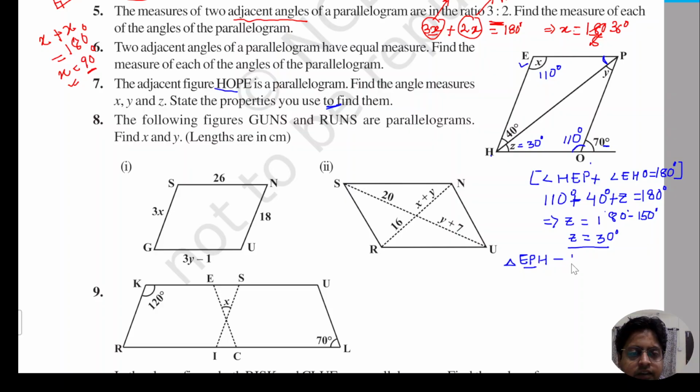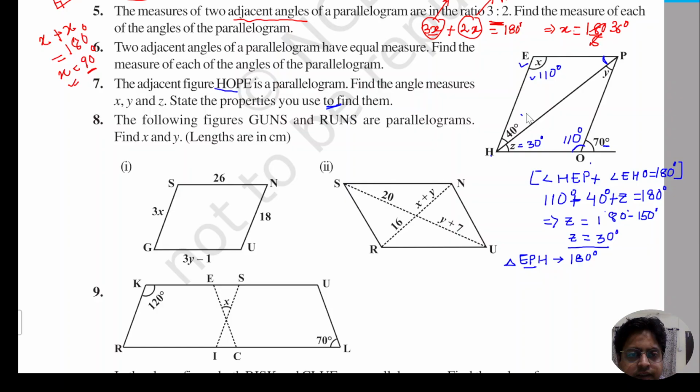If we add internal angles in a triangle, its sum is going to be 180 degree. So this angle plus this angle plus this angle, that is EPH, is equal to 180 degree.